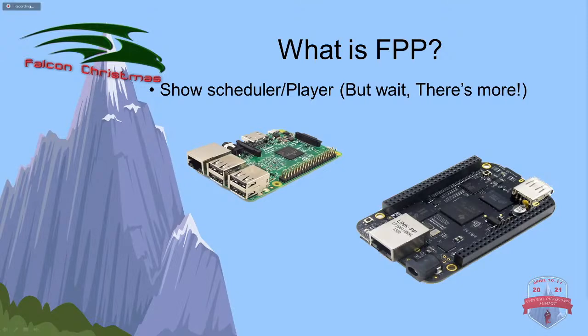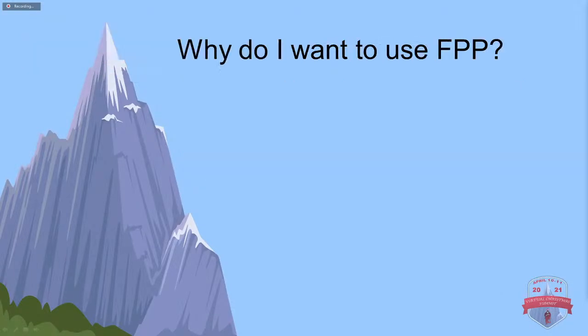You can integrate it with your home automation system. You could configure it to email you when certain events happen. You can display the current weather. You can count down to a special date or event, and so much more. It's so much going on that it's hard to go over all of it, but we'll cover the most prominent parts. So why do I want to use FPP?